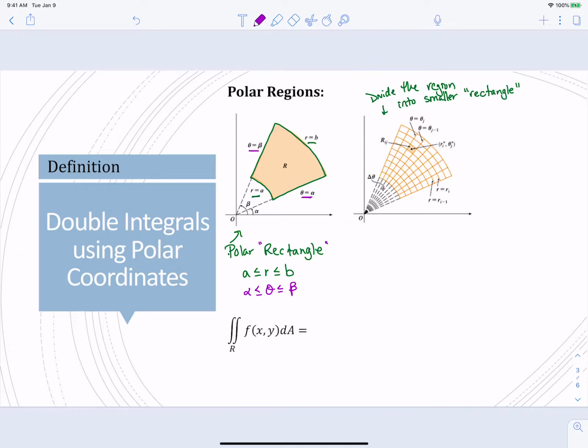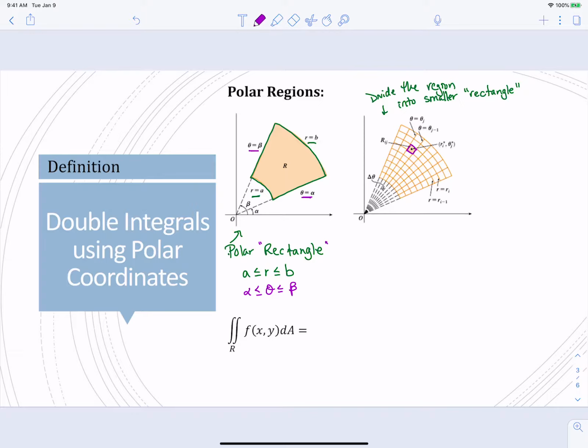Now, the interesting thing about these little small ones is that the smaller we make it, the more it actually looks like an actual rectangle. So let's think about it as an actual rectangle, because if we make those smaller and smaller, that arch it's making on the top, that outside edge, is going to get straighter and straighter because it's not going to be very big.